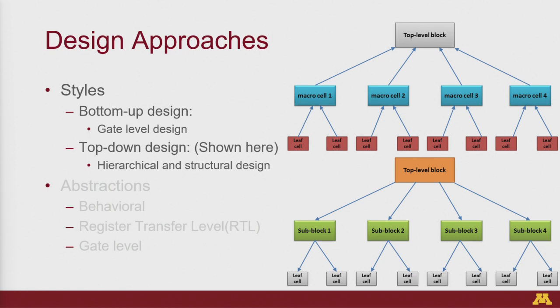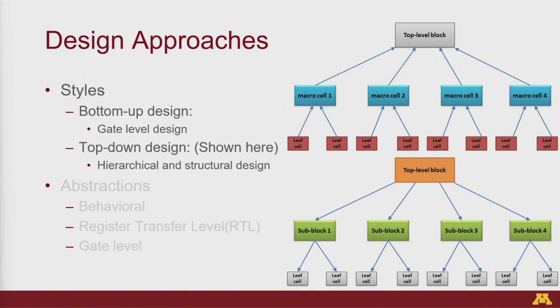A top-down approach is where you first look at the problem as a whole and then decide which logic gets divided into which sub-blocks. So let's say, for example, you're designing a CPU or a processor. At the top level, you know we need to have some RAM, an arithmetic logic unit, some cache memory, and, let's say, pipeline stages for the processor.